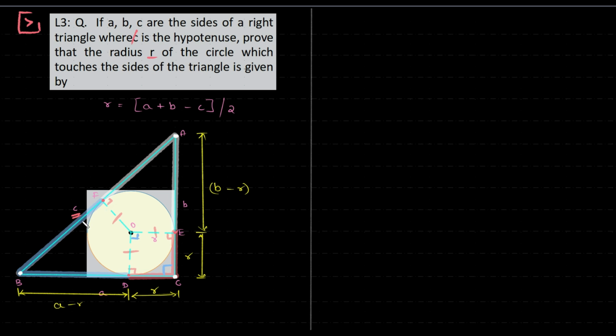So somehow we can get an expression for C, or we can call this X, to make it a bit convenient to think. If I call this X, the other remaining part will be C minus X. Agree? So this will help us somehow get the answer for R.